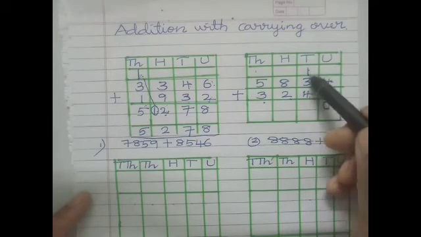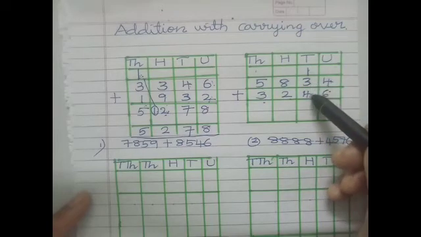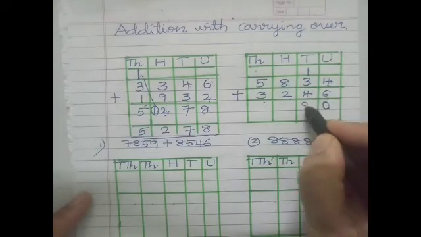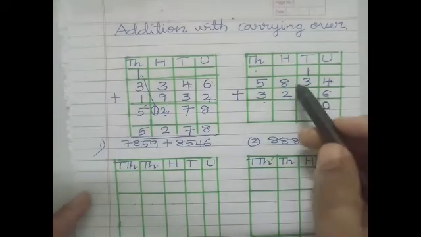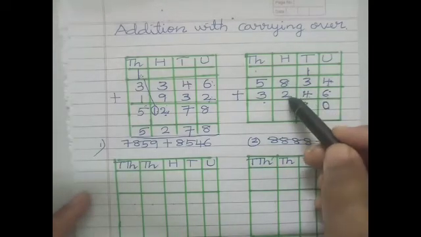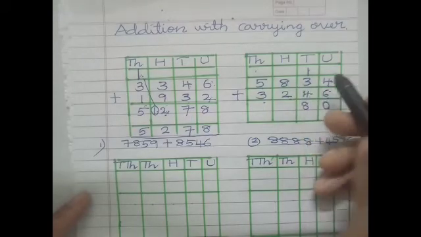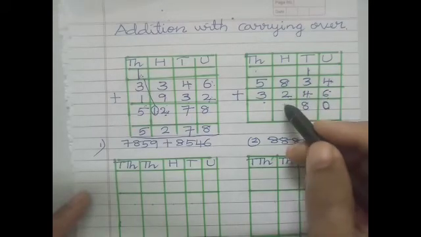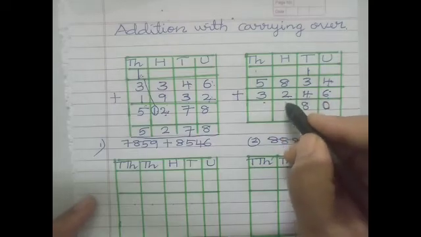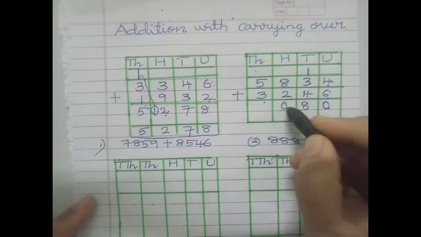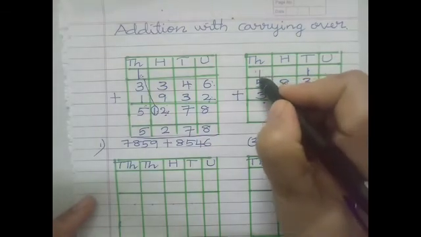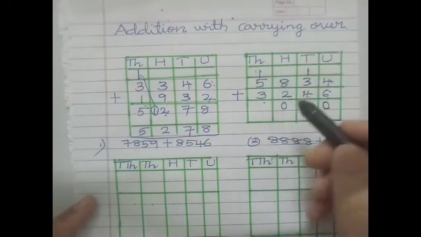Now, you add these numbers. 1 plus 3, 4, 4 plus 4, 5, 6, 7, 8. Next, 8 plus 2, 9, 10. So here also we are getting a 2-digit number, but we are going to write only 0 here, and 1 we are carrying over to the next place.